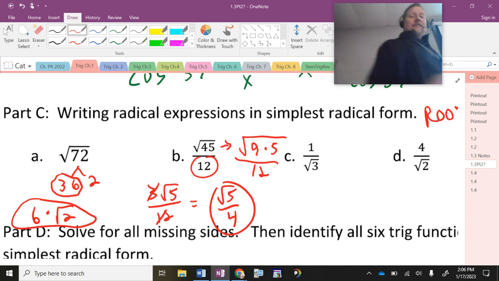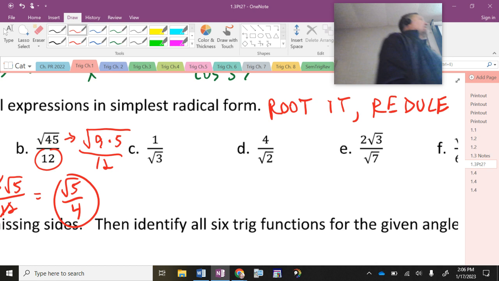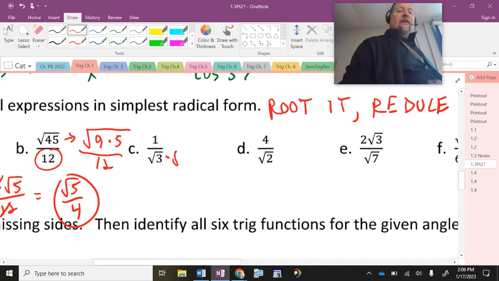And for some reason in math, this is not allowed. You cannot leave this as a final answer. By the way, does the square root of 3 simplify? Yes or no? Does it root? Is 3 a perfect square? No, there's nothing to reduce. So you must rationalize, and I already showed you this on Friday.